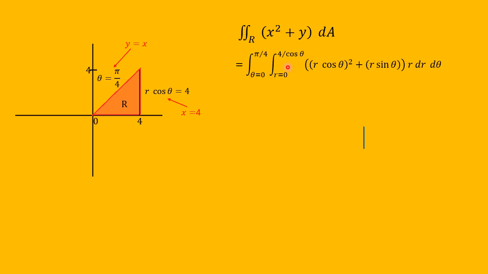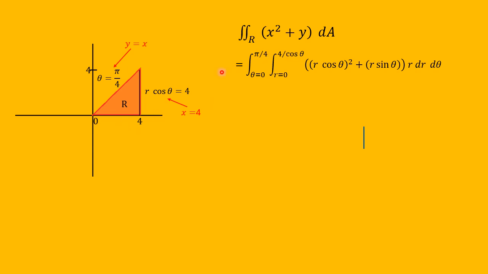And then the limits are going to be the following. For r on the inside, r is going to go from 0 out to this vertical side, where r is equal to 4 divided by cosine theta. Just divide both sides of this equation by cosine theta to get this upper limit here.